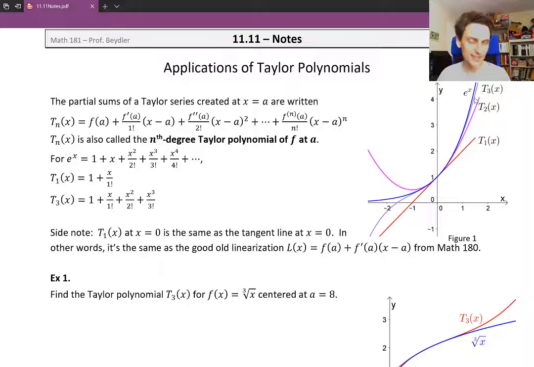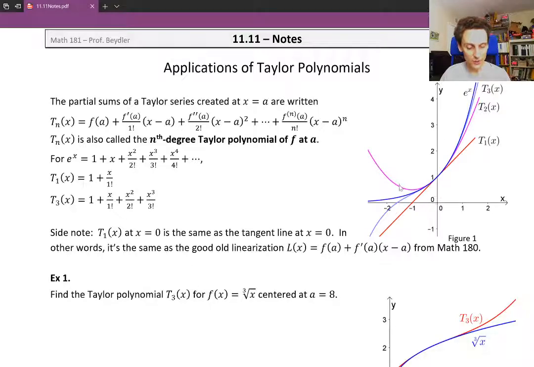Now, of course, in the end, any polynomial is not going to win out over an exponential. But as you keep adding the degrees of these polynomials, it's going to more and more closely match the e to the x curve. Now, what's going to happen over on the left side here is that it'll kind of fishtail back and forth. The odd degree Taylor polynomials are going to go down to negative infinity as x goes to negative infinity.